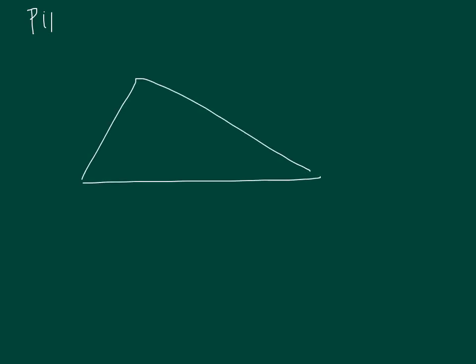Problem number 11. In triangle ABC, the measure of angle ABC is 90 degrees. H is the altitude, which is the height of this triangle. Also, the height could be this one or this one, depending on which base you take. So if you claim that AC is your base, then the height has to be that line.